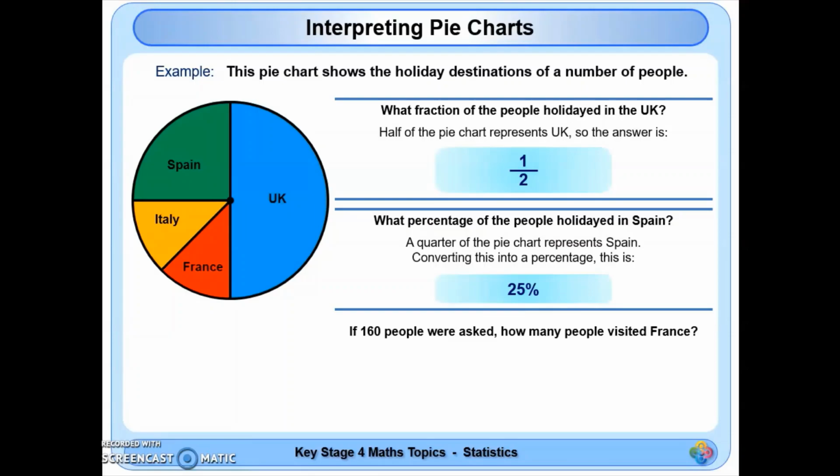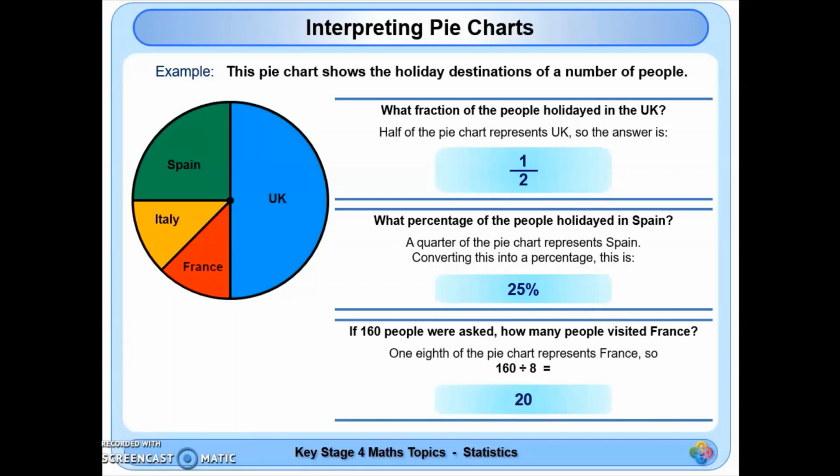We know from the visual pie chart that France is 1/8 of the pie chart. So if we take the number of people, 160, and divide it by 8, it's going to tell us that France represents 20 people.